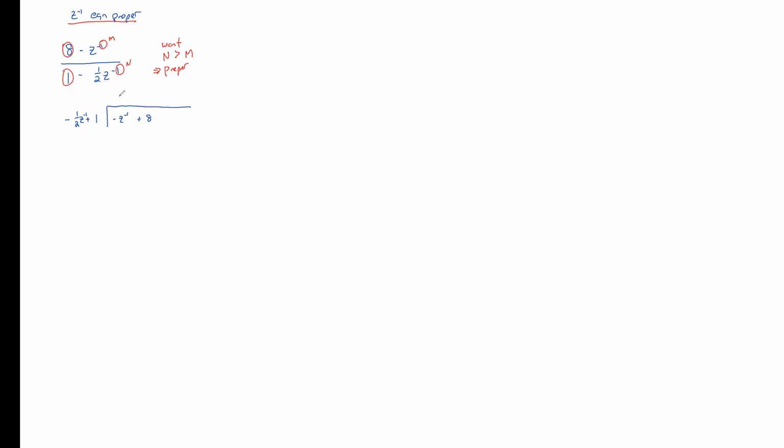The question is, what do we multiply this thing by to get z to the negative 1? So we're going to multiply that by 2. So 2 times this will give us minus z to the negative 1, and then 2 times 1 gives us 2, and we'll subtract to get 6. So this whole thing in the numerator equals 2 plus 6 over, and now we'll write it the right way, 1 minus 1/2 z to the negative 1.